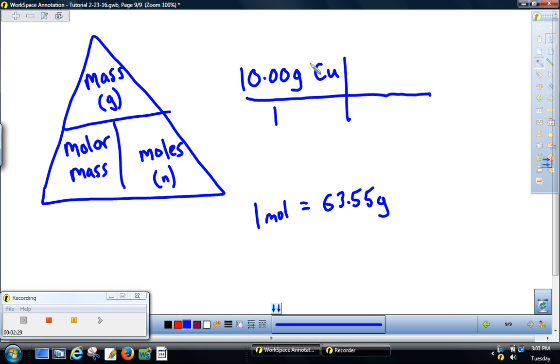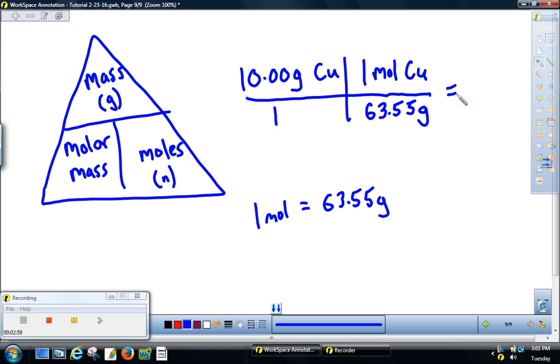Whatever unit is on top here, that same unit will appear on the bottom over here because we have to cancel it out. So the 1 mole of copper goes on top, and the mass it's equivalent to goes on the bottom, 63.55 grams. So you take the mass, 10 grams, and divide it by the molar mass, and that gives you the number of moles.